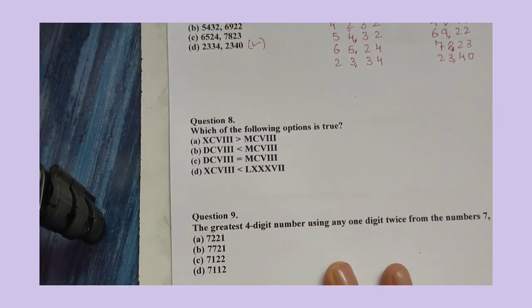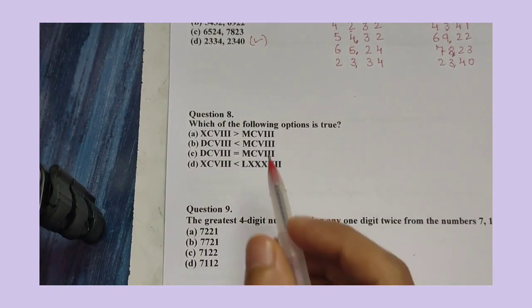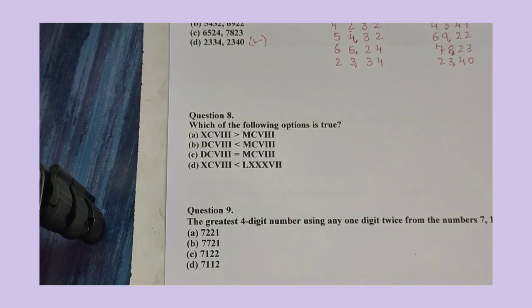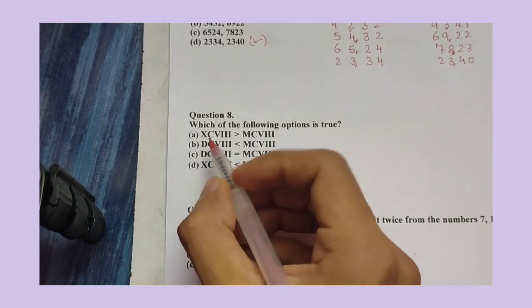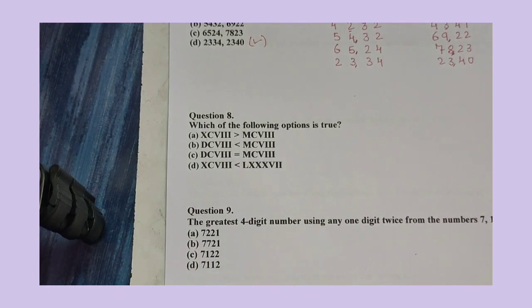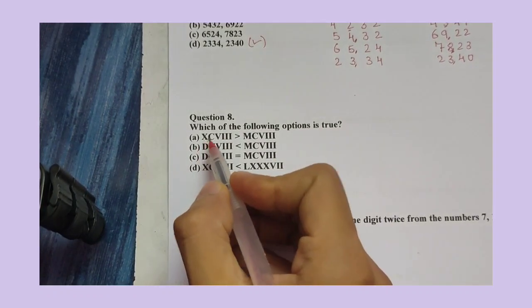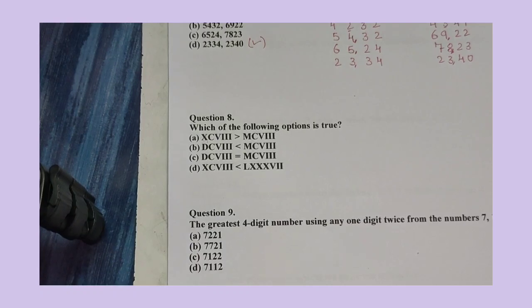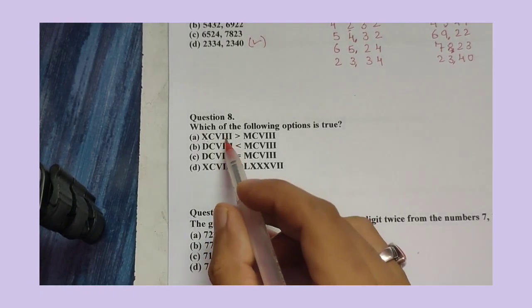Moving further with the 8th question. Which of the following is true? Okay, now let us first sort out what has been given in the Roman numeral system. What are these numbers? X and C, it represents 90, and VIII.